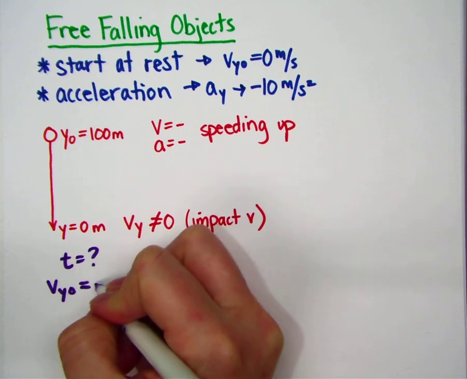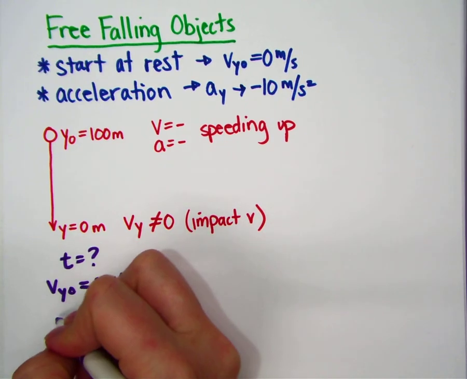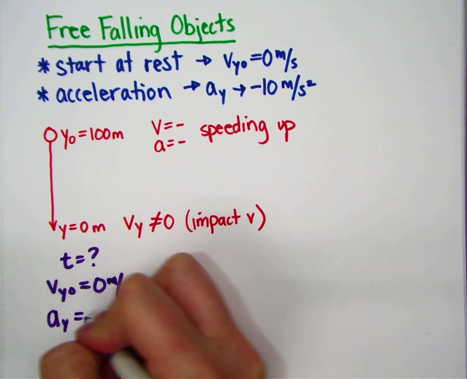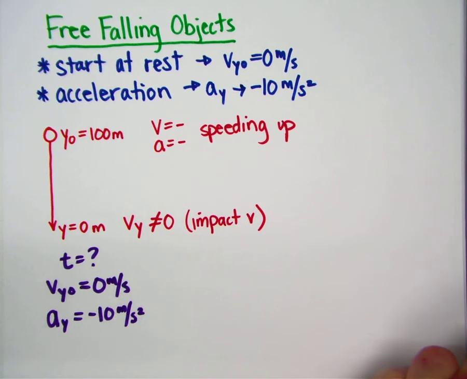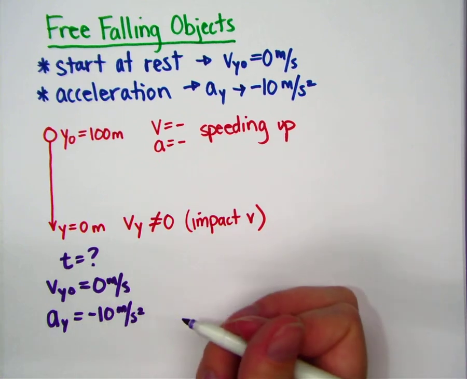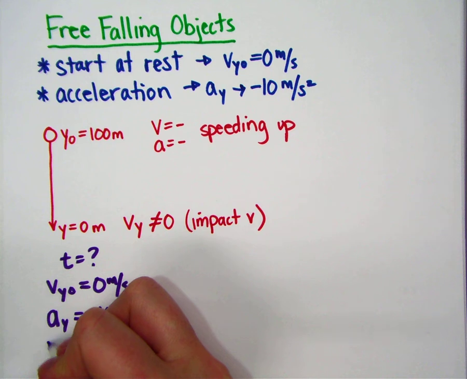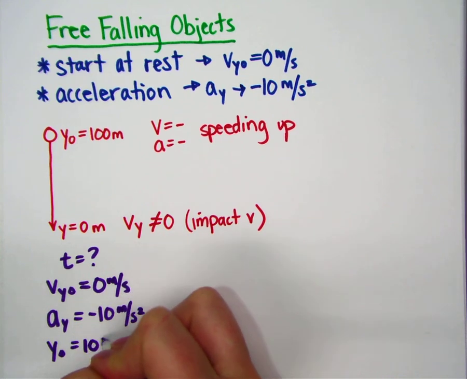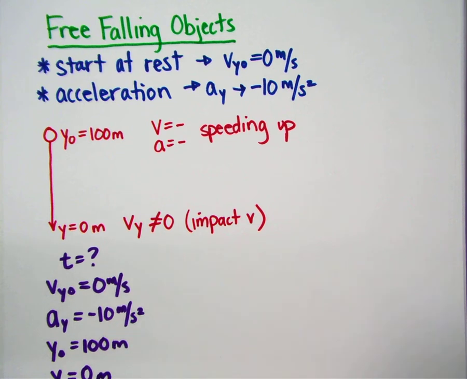Your Vy0 is 0, your initial velocity in the y direction. Your acceleration in the y direction is -10 meters per second squared. And you are going all the way to the ground. So you're going from 100 meters to 0 meters. All right?